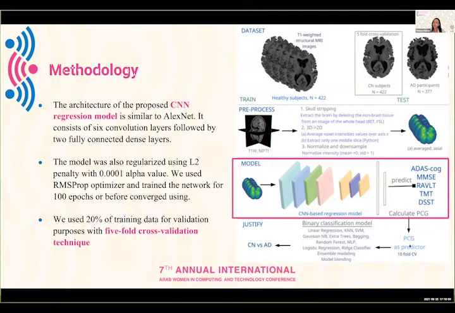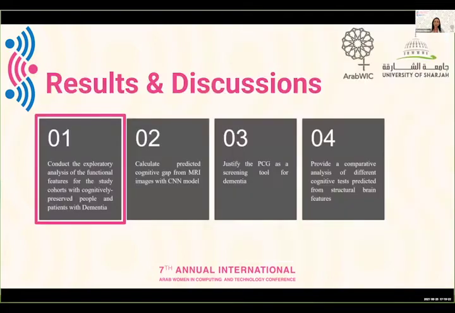We decided to use the predicted cognitive gap calculated from the designed model as an input to conventional binary classification machine learning models to predict the final diagnosis and track the accuracy, to understand whether it is a valid marker or not. So here is our methodology.